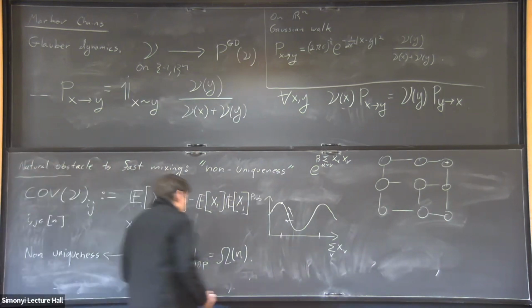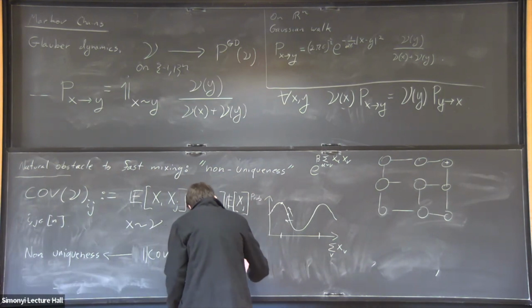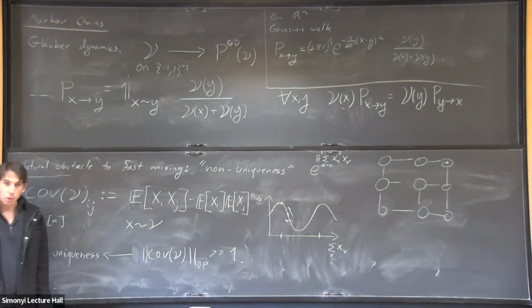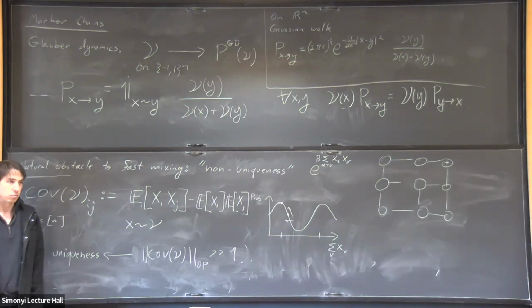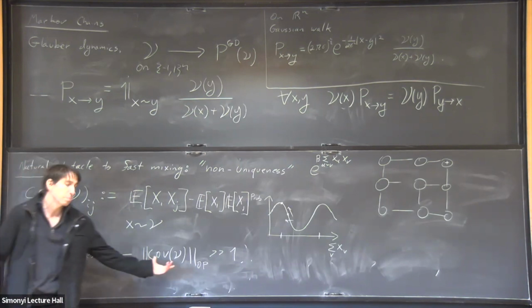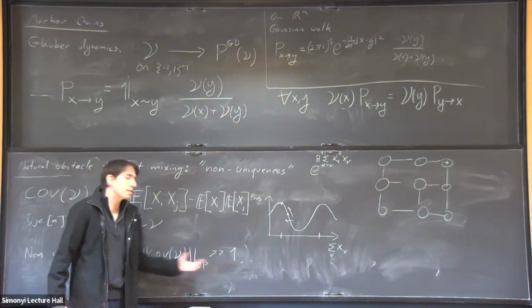Why? Because if I look at the all-ones direction, all the entries are bounded away from 0, so if I multiply the all-ones vector by this matrix, it's going to be of order n. Okay, so this is obviously an obstacle.